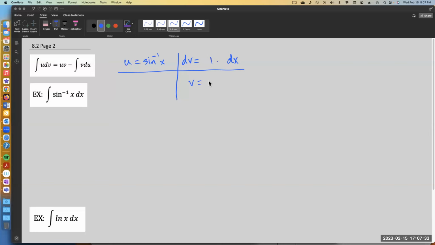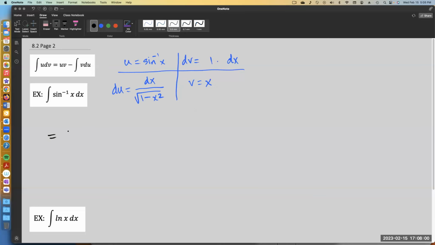Then we integrate over here and we get V is x, and we differentiate over here, so we get du is dx over the square root of 1 minus x squared, the derivative of inverse sine. Let's see if it works. So now we're going to do our voodoo.